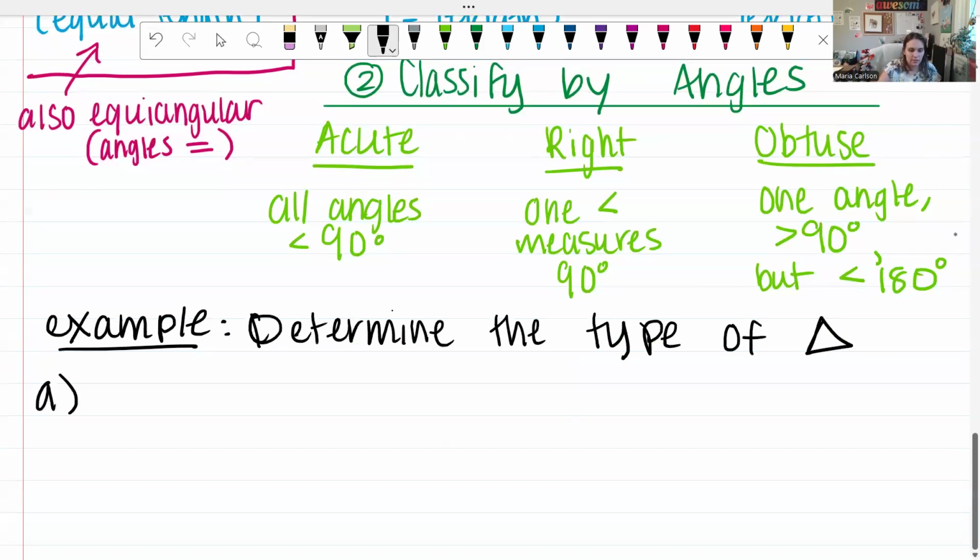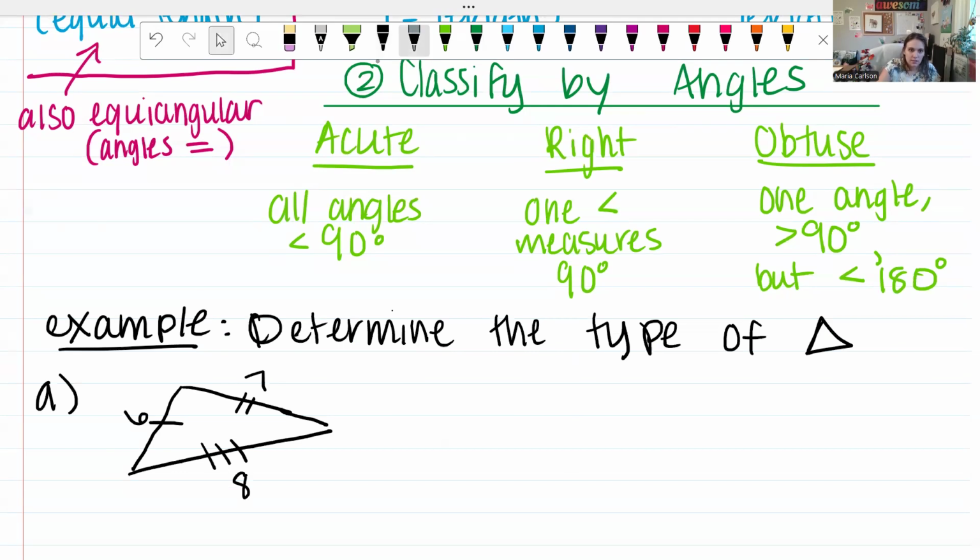Example A, we are going to have a triangle that has three different side lengths. So here's 1, 2, 3 side lengths that are all different. This one is 6 units, this is 7, and this is 8.